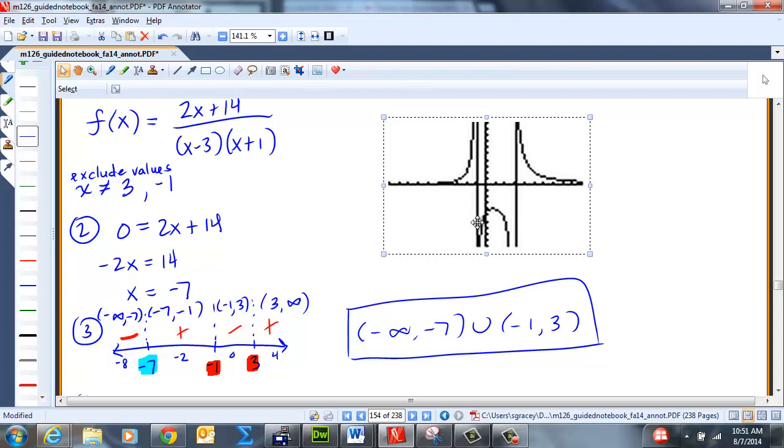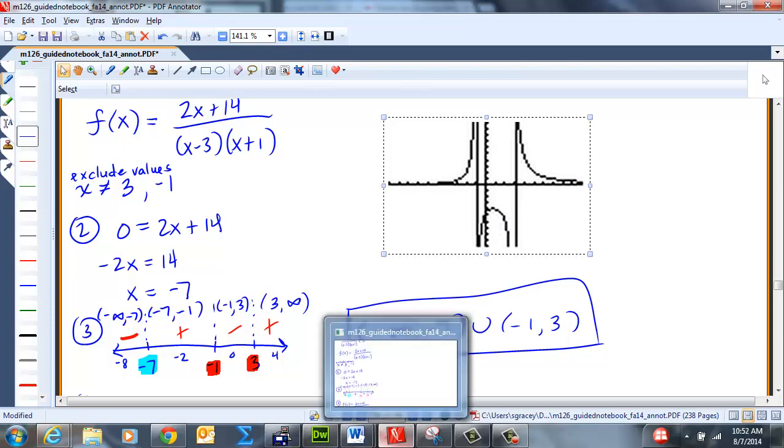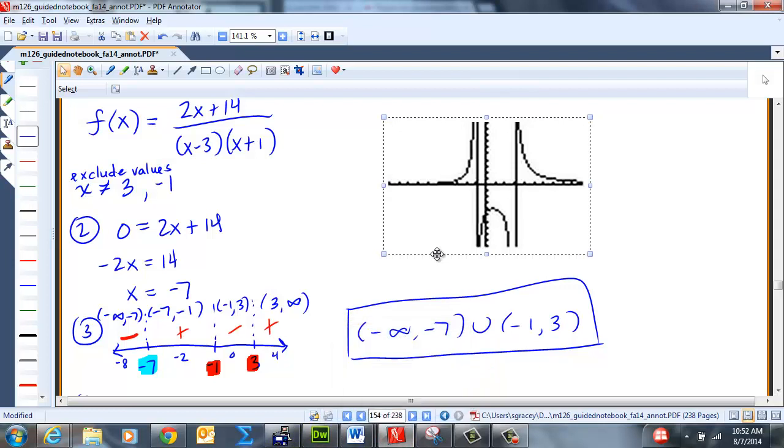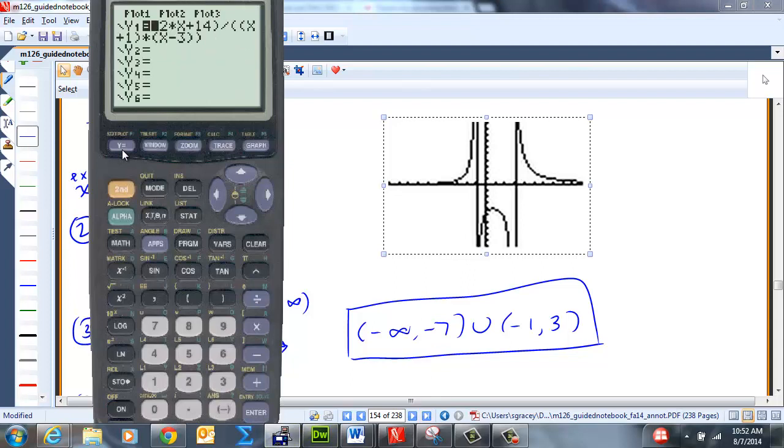No, because in this instance, our negative part is down here. Let's go back and see what we did. 2x plus 14, x plus 1 times x minus 3.